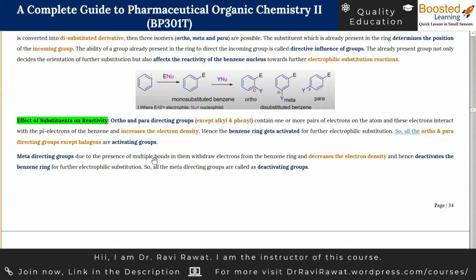On the other hand, the meta directing groups, the groups which will always direct the substituent to the meta position, are always going to deactivate the benzene ring, which means decrease the rate of the reaction. So that is why these will be called deactivating groups. So there is a relationship between orientation and reactivity. Ortho and para directing always increase the reactivity, meta directing always decrease the reactivity. It goes hand in hand.